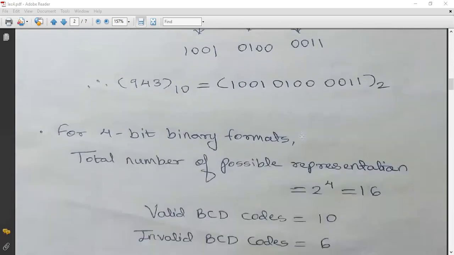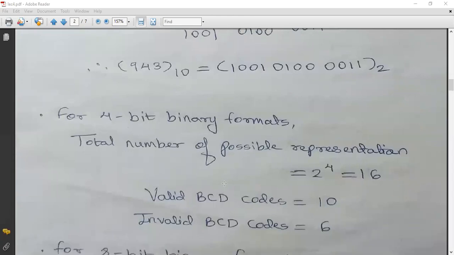Now let us see some description about it. For 4-bit binary format, how are we going to find the total number of representations? We just find it by raising 2 to the power 4. So 2 raised to 4 is nothing but 16. By using 4-bit binary formats, we can get a total of 16 representations.